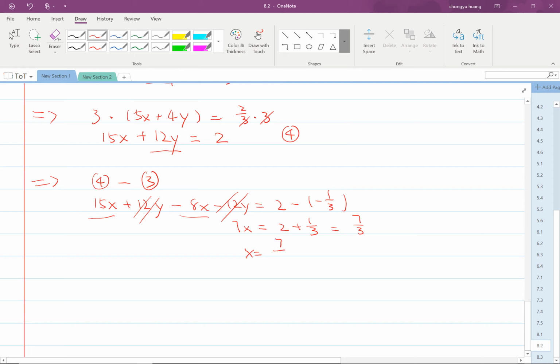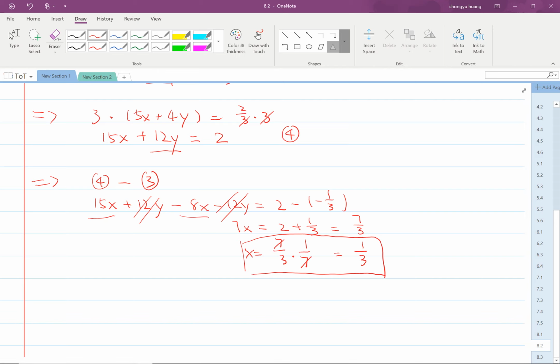So what we have is 7 over 3 multiplied by 1 over 7, right? As you can see, 7 and 7 get cancelled, and the variable we find for x is basically 1 over 3.